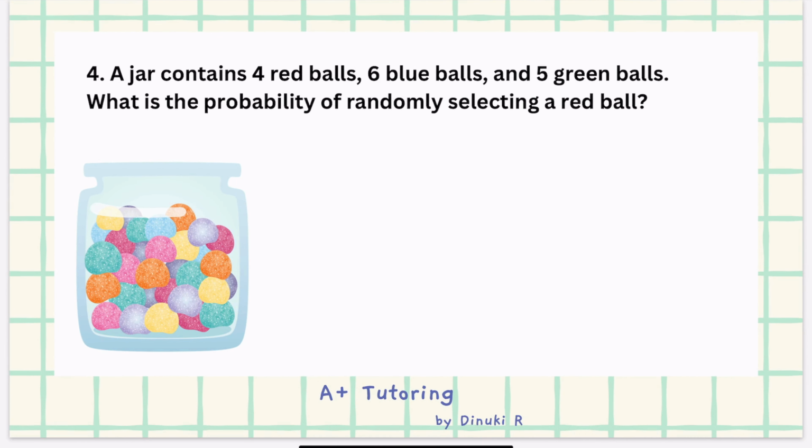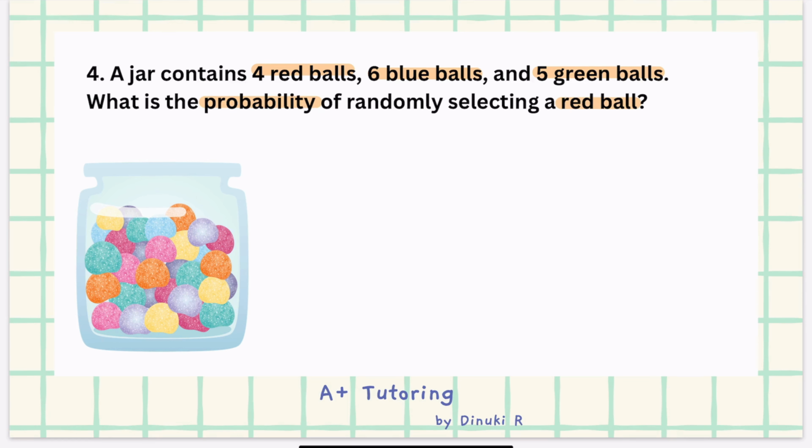Question number 4. Again, pause the video here and take a second to read through the question. Okay, now that you've had a chance to read through the question, let's go through it together. A jar contains 4 red balls, 6 blue balls, 5 green balls. What is the probability of randomly selecting a red ball?